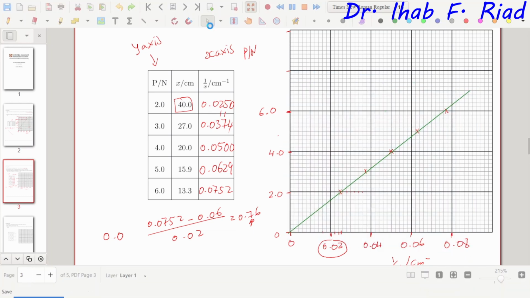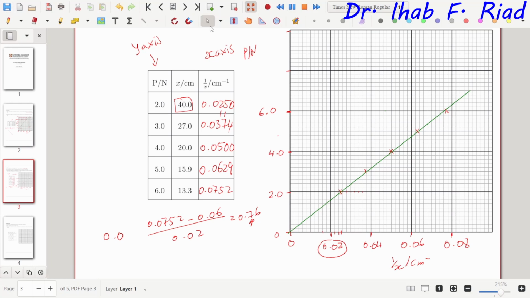Okay. Now we are asked to calculate the gradient. Let us make a right angle triangle to calculate the gradient. Okay, this is our right angle triangle.